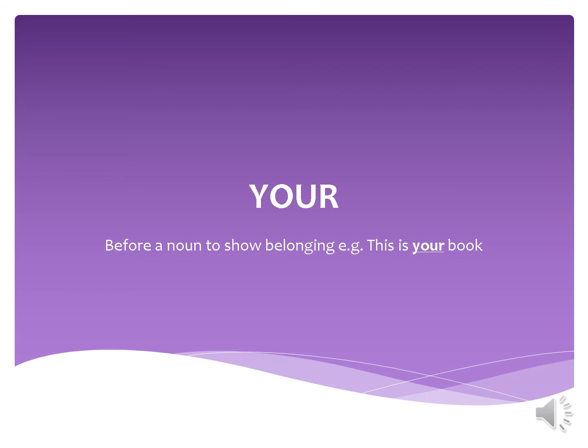I will be producing a PowerPoint on nouns, but for now you must know that a noun is an object or a thing, something that can belong to somebody. For example, this is your book. So I hope that's explained.